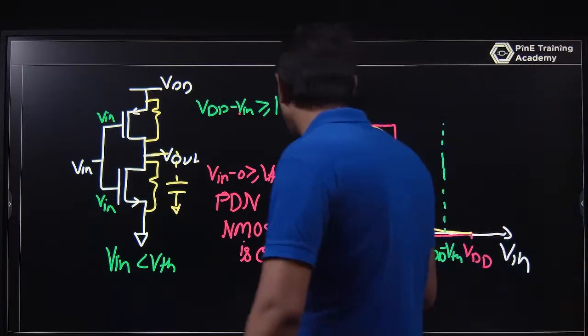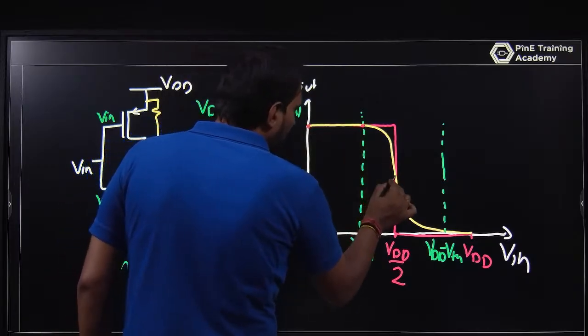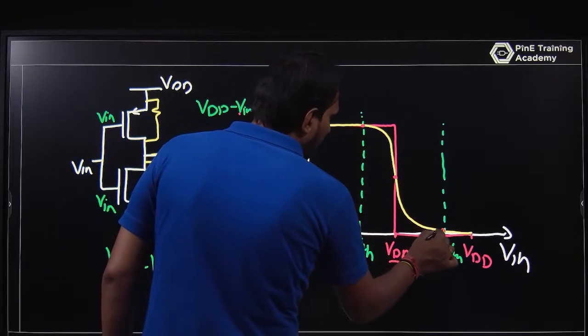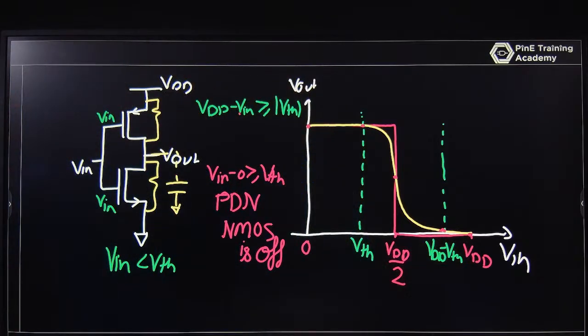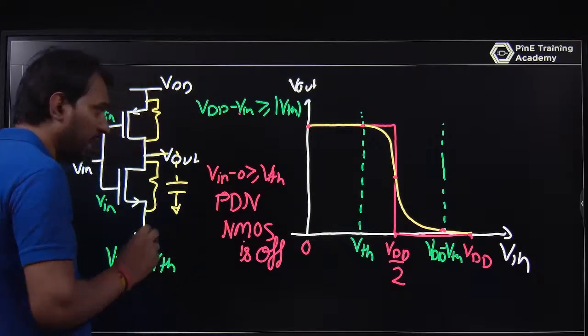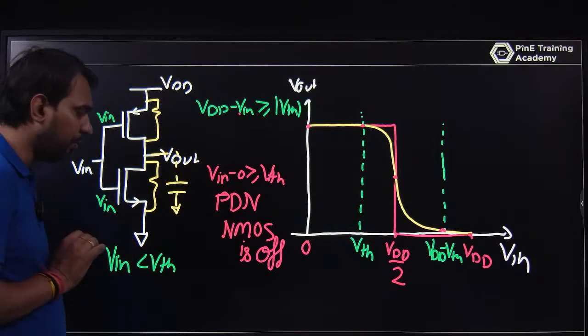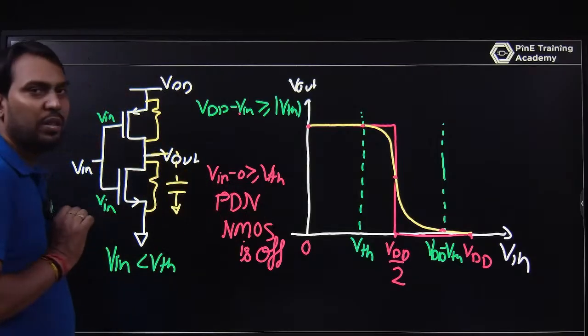So I am just assuming that the input voltage is at this point, this point, this point, and this point. Let's check it with different regions. When Vin is 0, VDD minus 0 is greater than or equal to mod VTH, that means the PMOS is on. 0 minus 0 is not greater than or equal to VTN, so the NMOS is off.